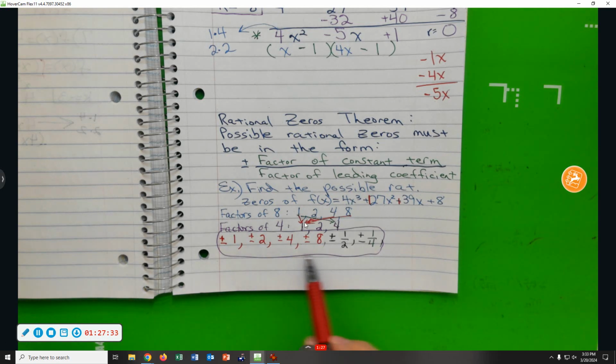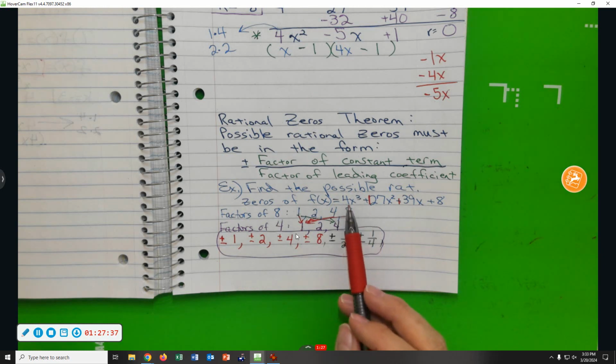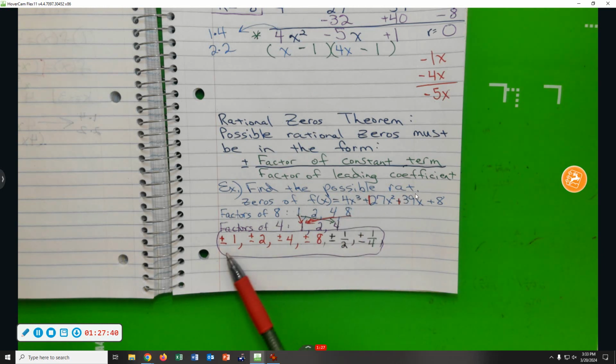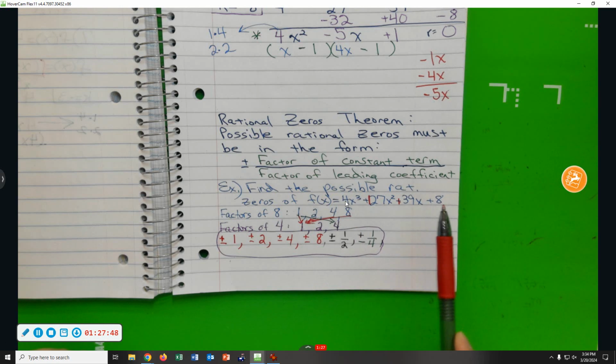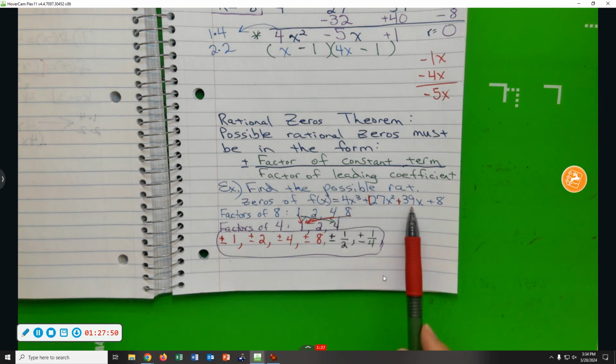Does that change the possible rational zeros? Do these middle terms have any impact on the list of possible rational zeros? No. The only numbers you're using are the constant and the leading coefficient. Those middle terms can be anything.